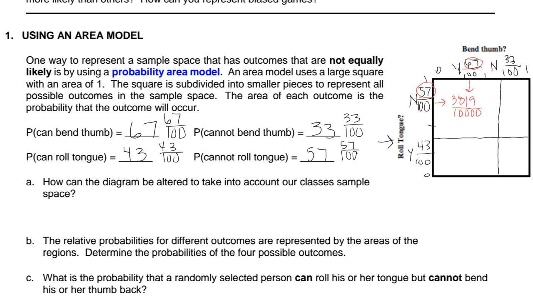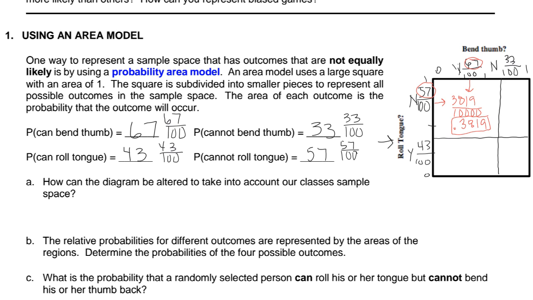So I'm going to take that and plug it into my calculator. And when I do that, I get a decimal, 0.3819. So that's probably what I'm going to use for this box. So that means that 38% of the students in the class can bend their thumb, but not roll their tongue.